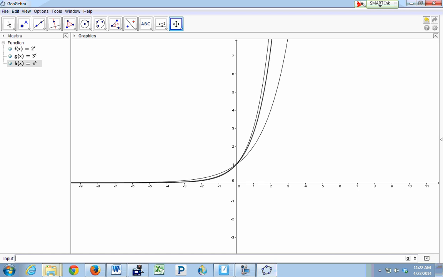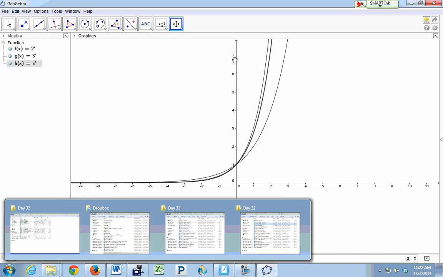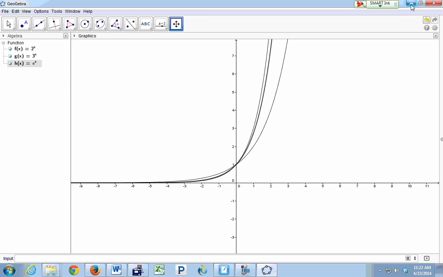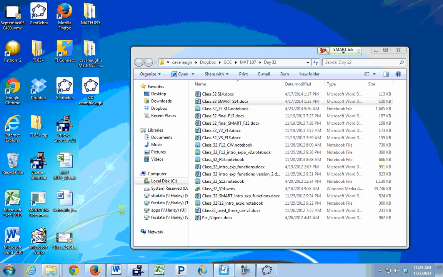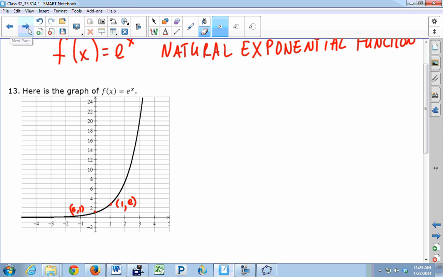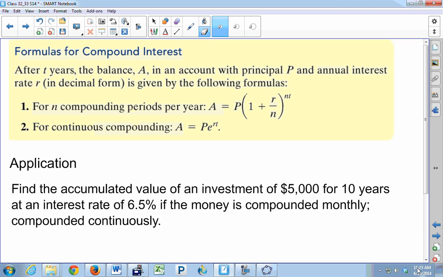So it acts just like a parent function, and therefore you can transform it, just like we did with 2 to the x and 3 to the x. So let's take a look at an application problem involving compound interest. Here are the 2 formulas you could use. If you're compounding it n times a year, then you use this formula: A equals P times 1 plus r over n, which we practiced doing, to the nt.